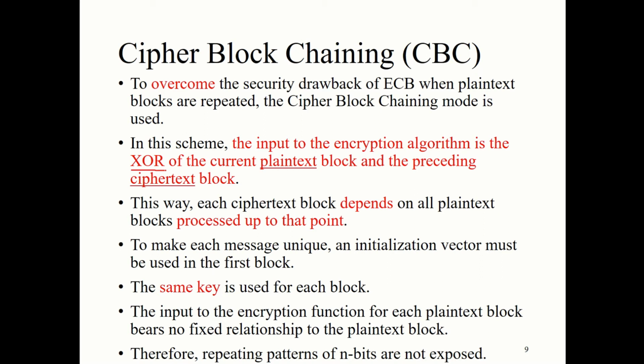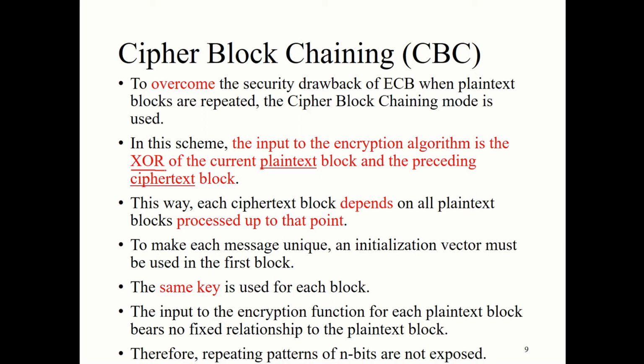It becomes that the encryption in each stage will depend on the previous one, and this one will depend on the previous one. So there's dependency between the encryptions. Even when you use the same key, it does use the XOR.